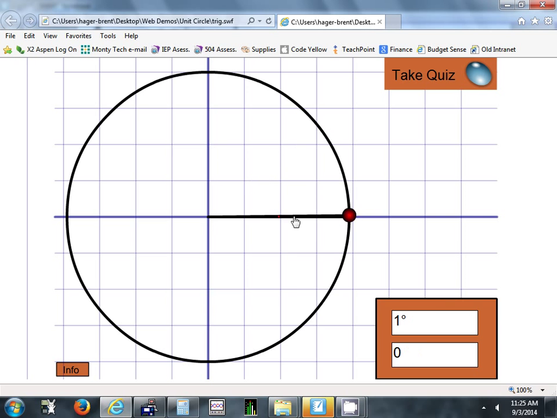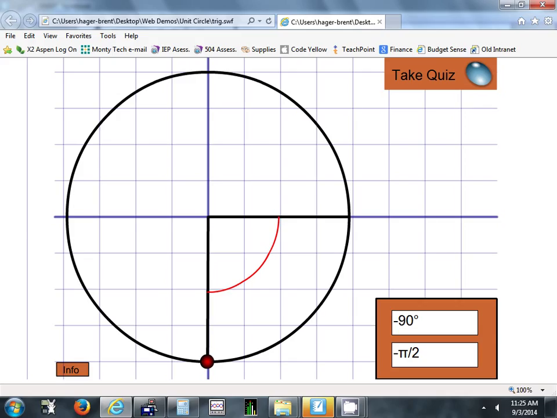And if you start here and you go down, you get your negative angles. So that's negative 90, negative 180, and so on. There's an equivalence between positive and negative angles in terms of where you end up. One way to get to this point, which is directly down, is to go negative 90.